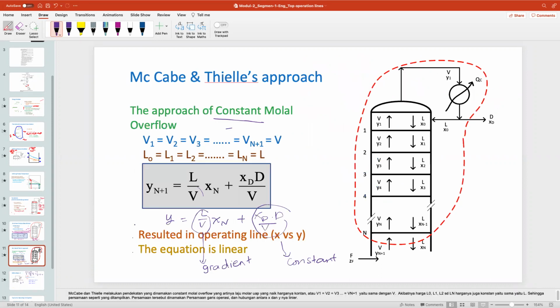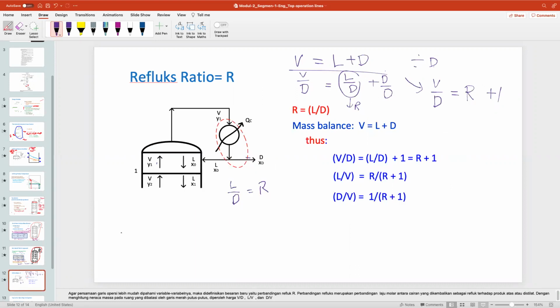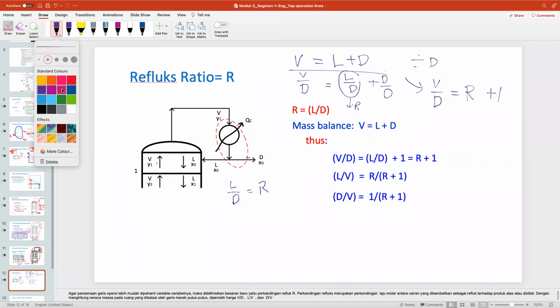So it is y n plus 1 equals L divided by V times xn plus xd times D divided by V. See, in here there is L over V and there is D over V. So I'm going to write it here to make it easier to put everything back together.